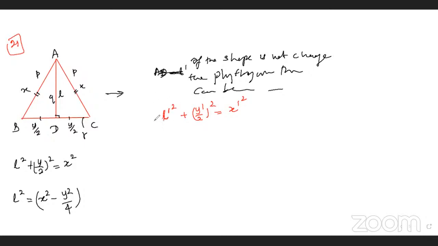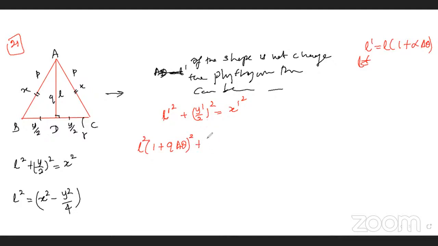You can write the relation L dash equals L times 1 plus alpha delta theta. For this, L dash is L times 1 plus its linear expansion coefficient Q delta theta, all squared.